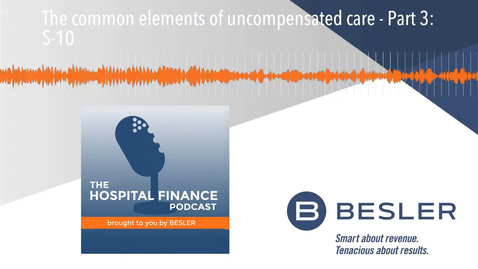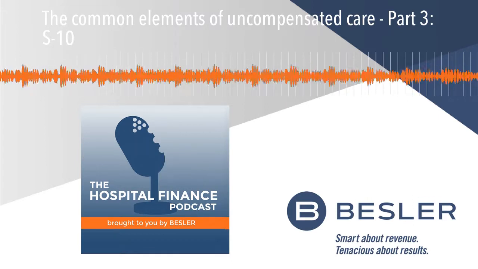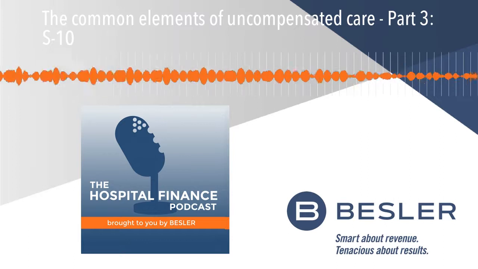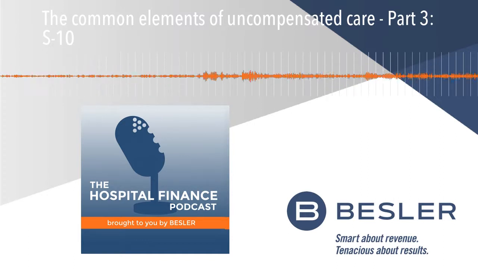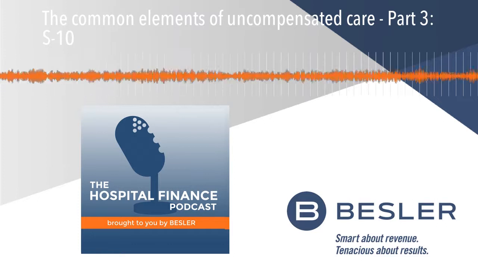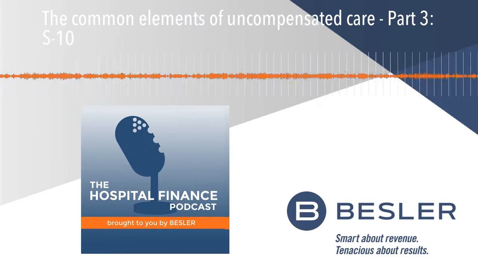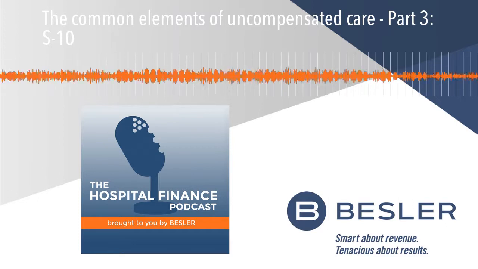So Jeff, before we dive into the very specific issues around worksheet S-10, can you talk to our audience a little bit about how the S-10 is playing into the entire uncompensated care pool these days? Well, S-10, as most people know, has gained importance over the last couple of years in that the disproportionate share payments is being allocated 25% between the old empirical DISH calculation based on the eligible patients, or their Medicaid eligible patients.